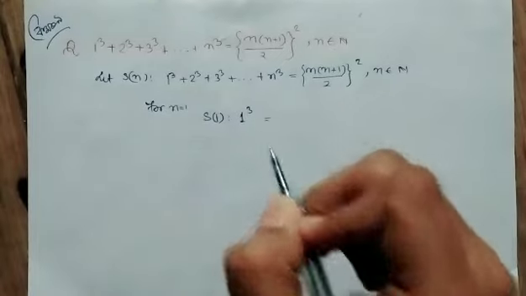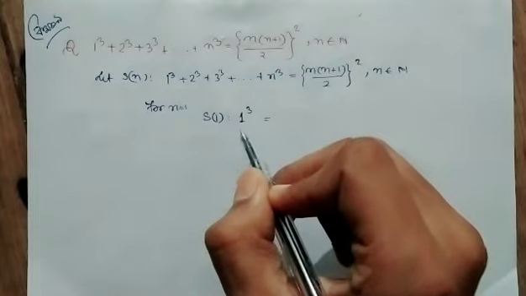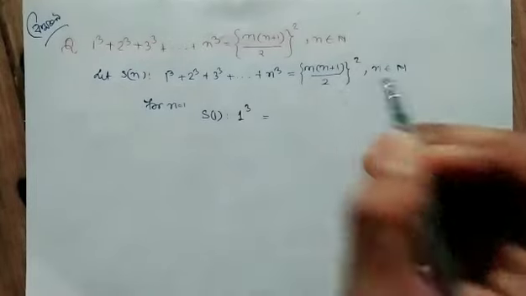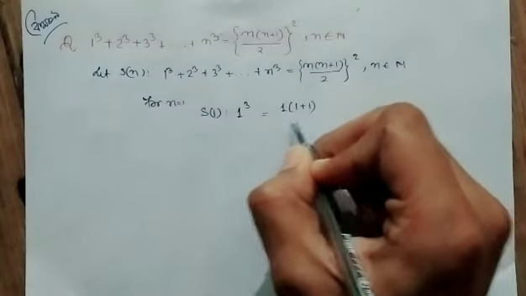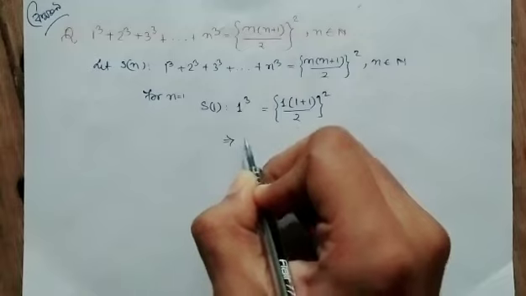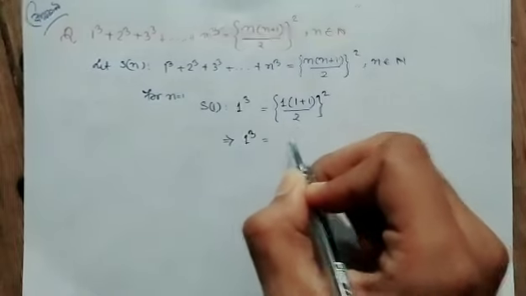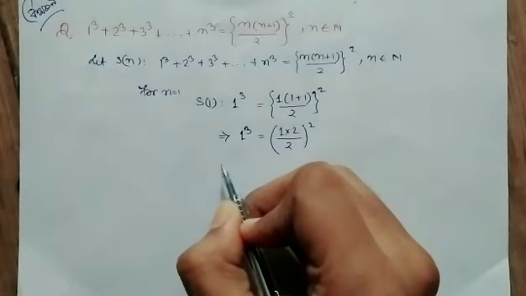And on the right hand side, what you will do? You have to incorporate 1 in this formula. So incorporating 1, we will get 1 cube equal to 1 into 2 divided by 2 whole square. What is 1 cube?